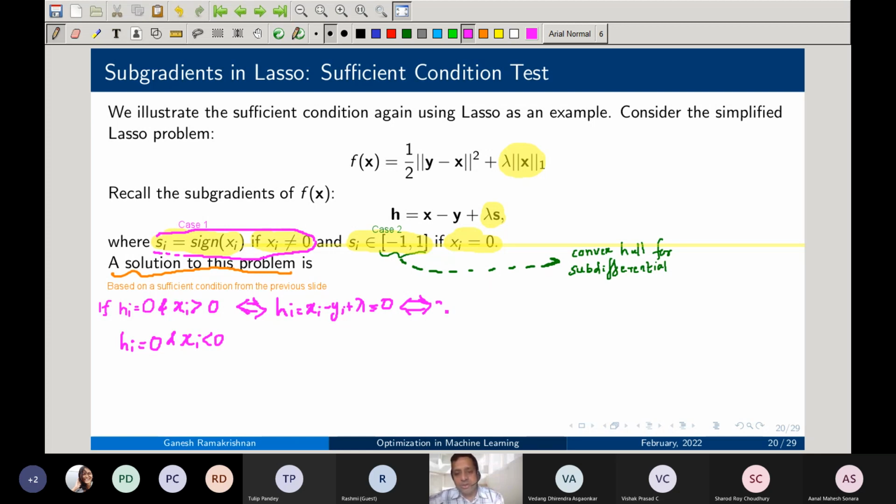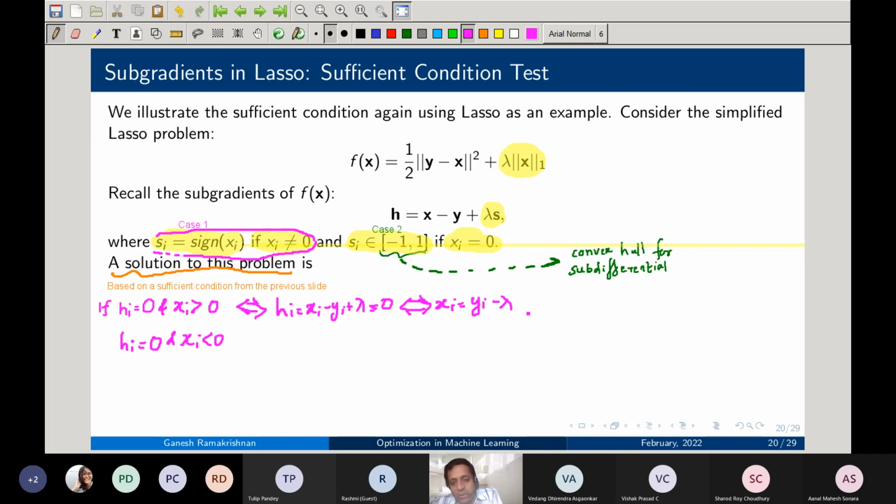This is if and only if, it's bidirectional. Now we are trying to come up with a solution: if and only if xi equals yi minus lambda. Earlier the onus was on hi equal to 0 and xi greater than 0. I'll now put the onus on yi. So xi equals yi minus lambda.